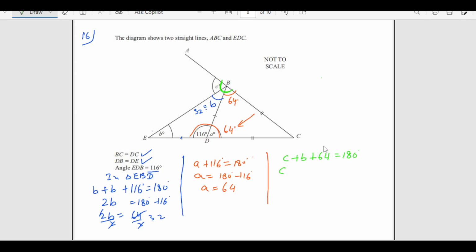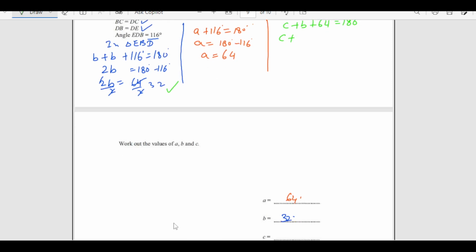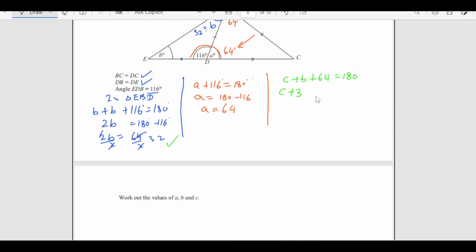So C we are looking for, and B we have just calculated from here. B was 32, B is 32 plus 64 equals to 180. So C plus 96 equals to 180. So C is 180 minus 96.